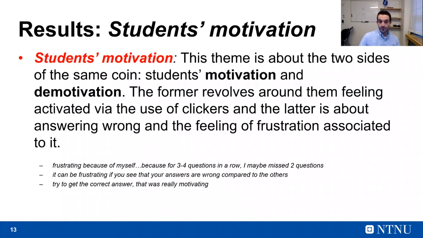But using an SRS system in the class might also contribute to demotivation of the students, because when a student answers wrongly, the feeling is that this student is more frustrated. This is something that a few students pointed out during the interviews, especially students answering wrongly in a row of three or four or more questions.